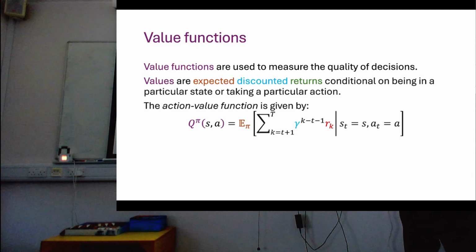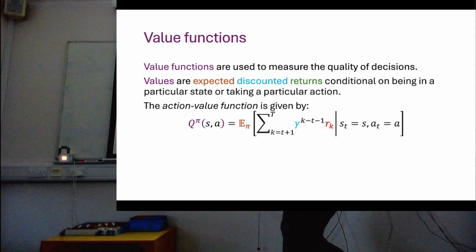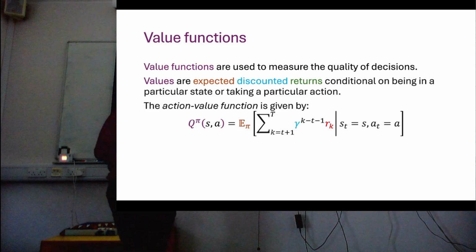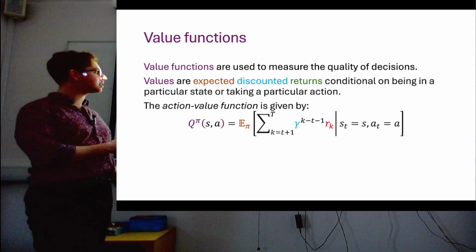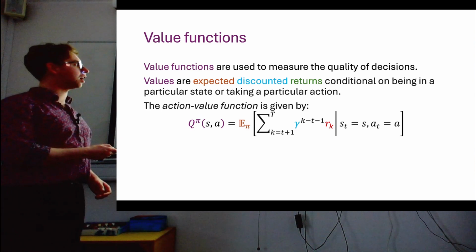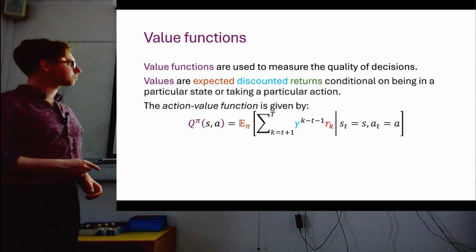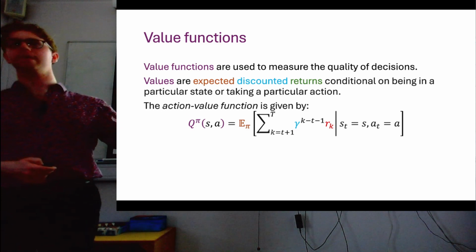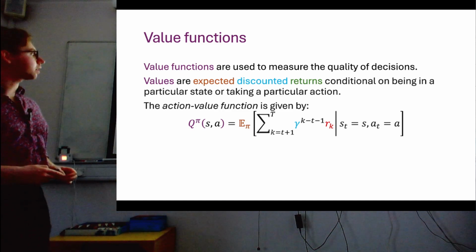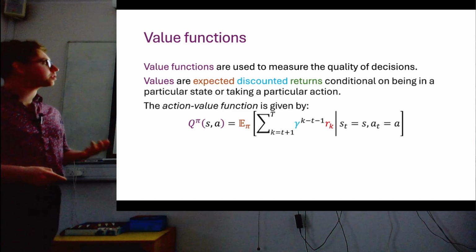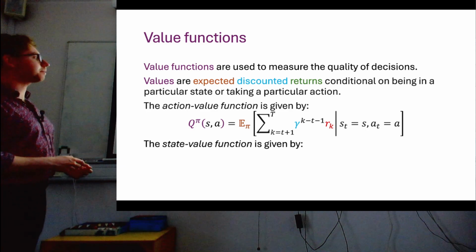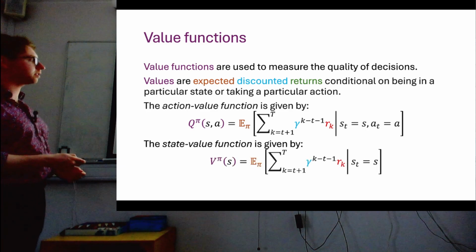And I'm conditioning on being in a certain state and taking a certain action, and then I'm asking, what do I expect this to be? So what is the expectation of this, given that I condition on being in a certain state and taking a certain action? Okay? A state value function is defined extremely similarly, except now I'm conditioning only on being in a certain state.